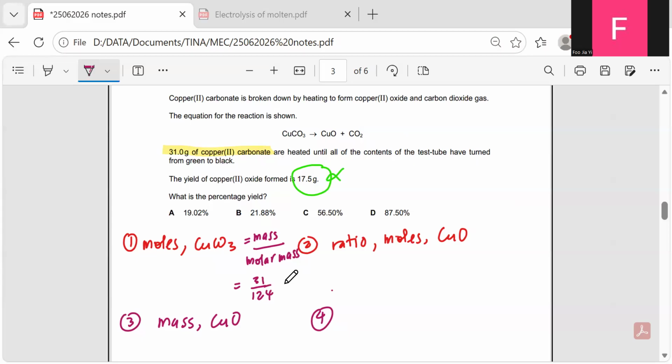124. Copper carbonate, CuCO3. Yeah, correct. Cu is 64. Carbon is 12. Oxygen 16 times 3. You add it together, you get 124. So you get 0.25.